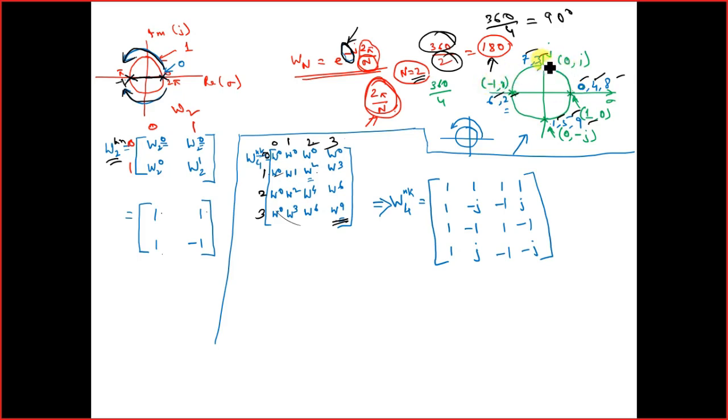Then W3 is j. Then again W4 will have a value of 1, and so on. So we have just put the values of this W and K over here. And believe me, this is the simplest way to find the twiddle factor matrix. Otherwise, you have to go for a very long calculation.